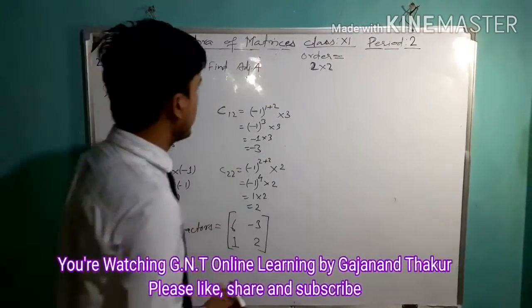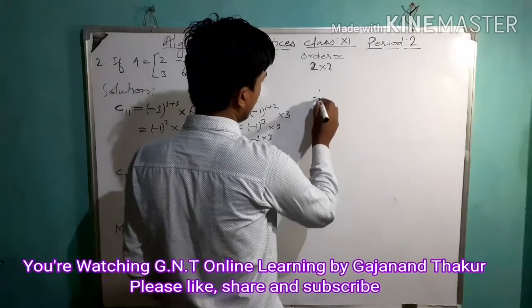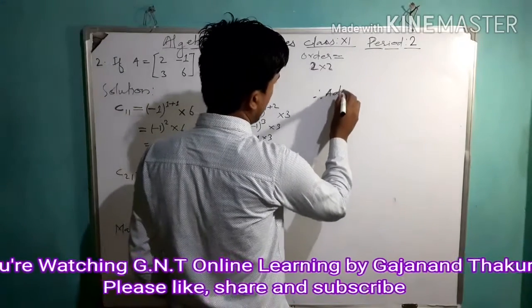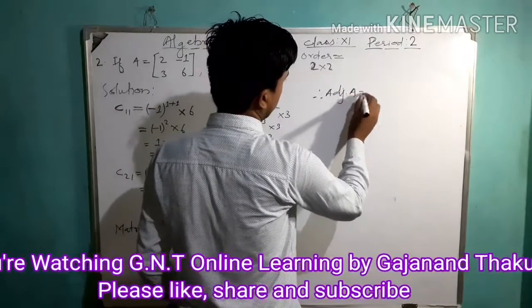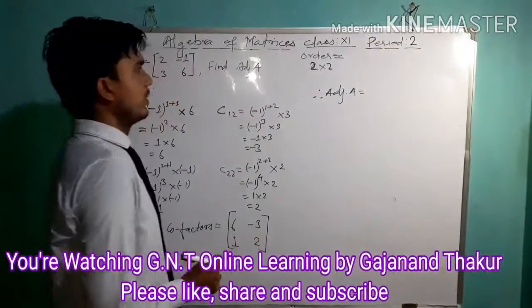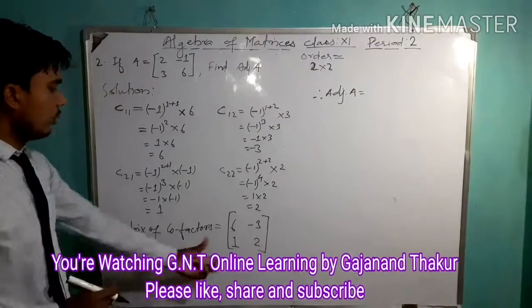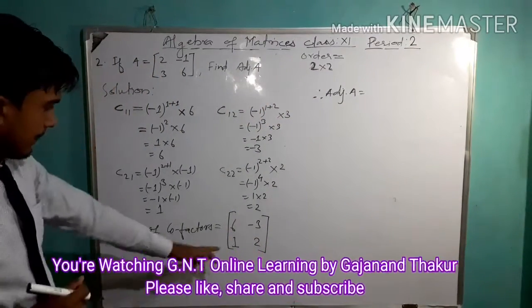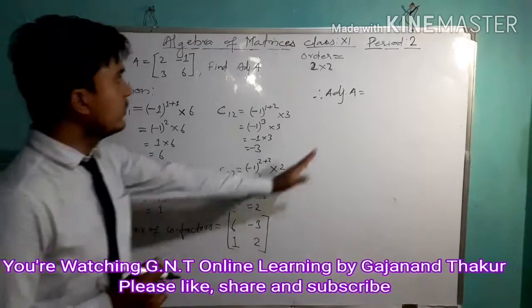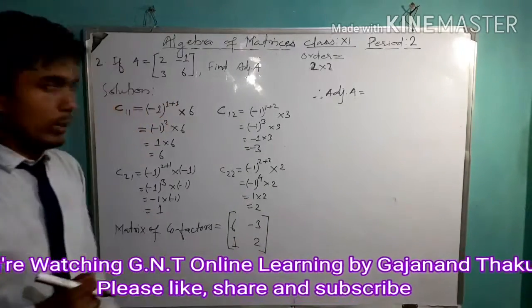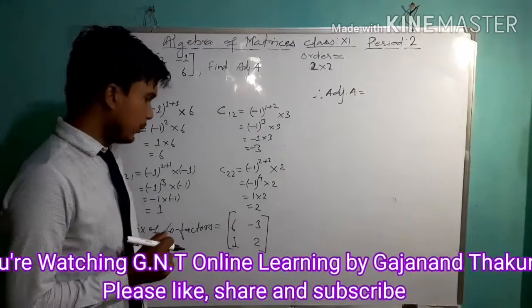Now what we have to find is the adjoint of A. We have the matrix of cofactors. When we find the adjoint, we take the transpose.